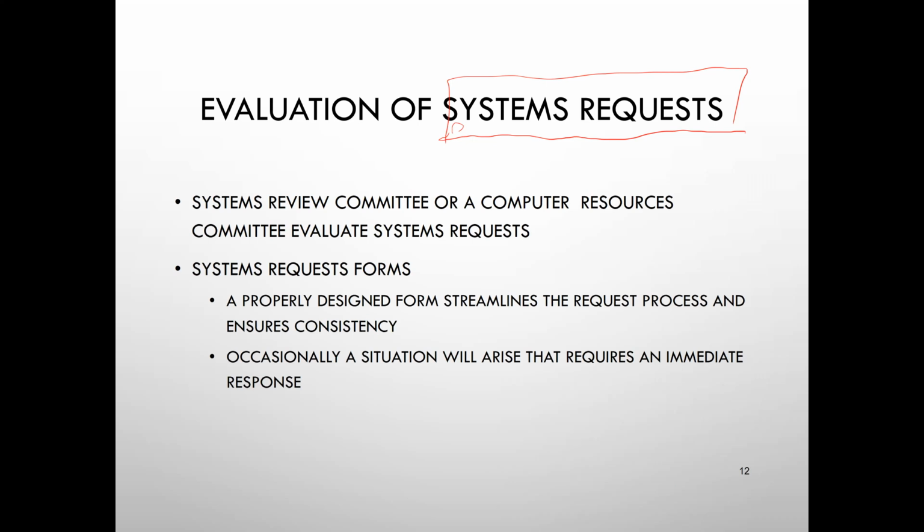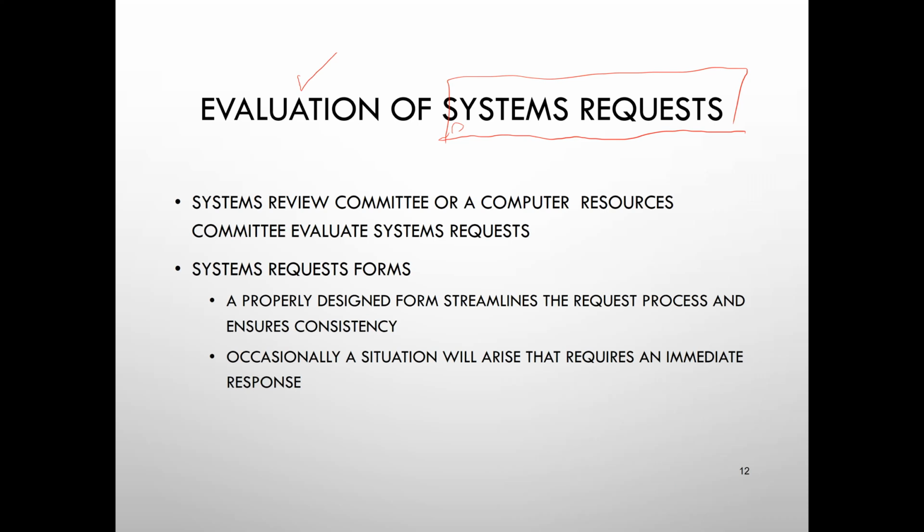And also, it might not be the first priority. So that's why you have to know which system request must be prioritized first. Then we need to have evaluation of system requests. Who can evaluate the system request, what to do first, or what are just nice-to-have features.